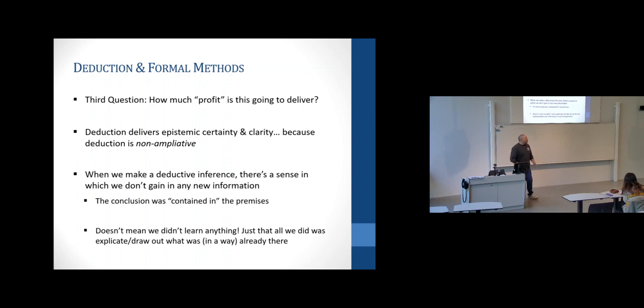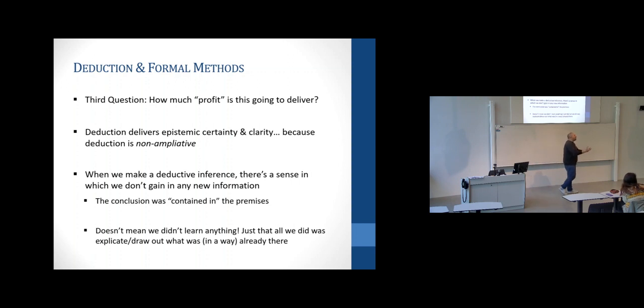When we think about deductive arguments, there's a sense in which we're not getting new information. That's because the conclusion of a valid deductive argument, a good deductive argument, is in a sense already in the premises. The cognitive value you gain out of it is the generalization.